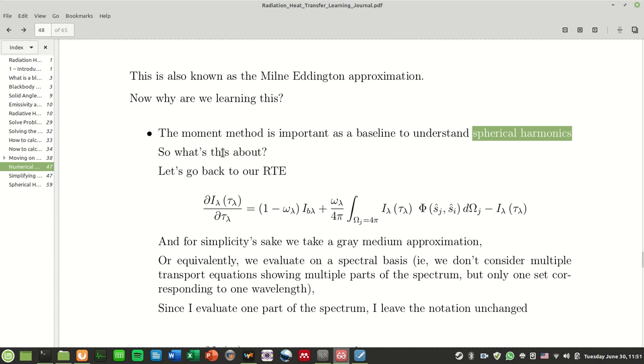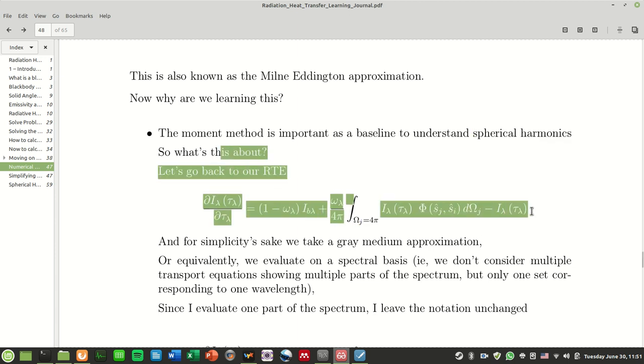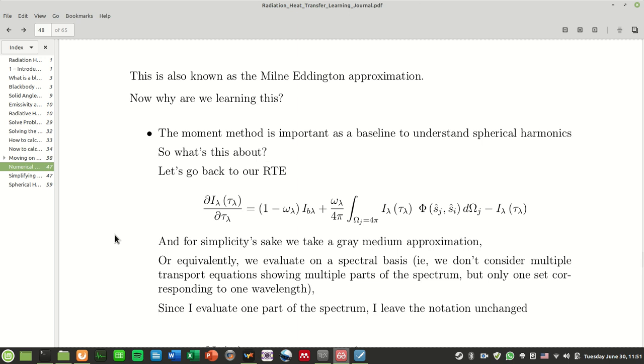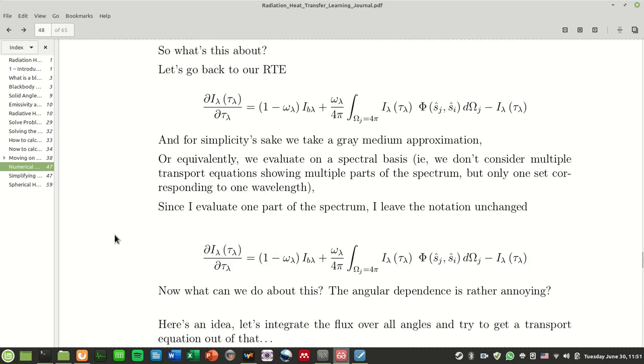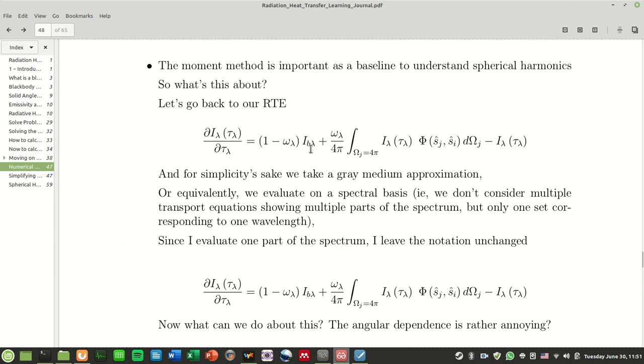Alright, so what is this about? Picture you have your radiation transport equation, and for simplicity's sake, we are not going to care too much about wavelength here, but you can take it on a wavelength basis. That means you look at this radiation transport equation at one simple wavelength, or you can just ignore wavelength altogether.